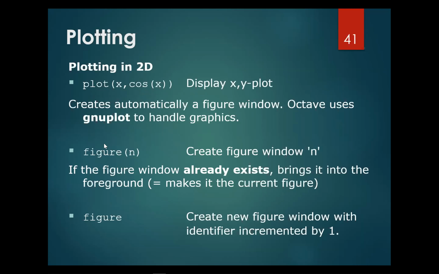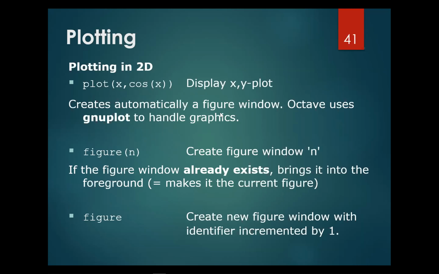Octave uses GNU plot to handle graphics. Let's look at some other features of the plots. We have figure. Figure is also a command. Now, when you make it figure 1, it means it should create a graph in a window with number 1. You can also say figure 2.